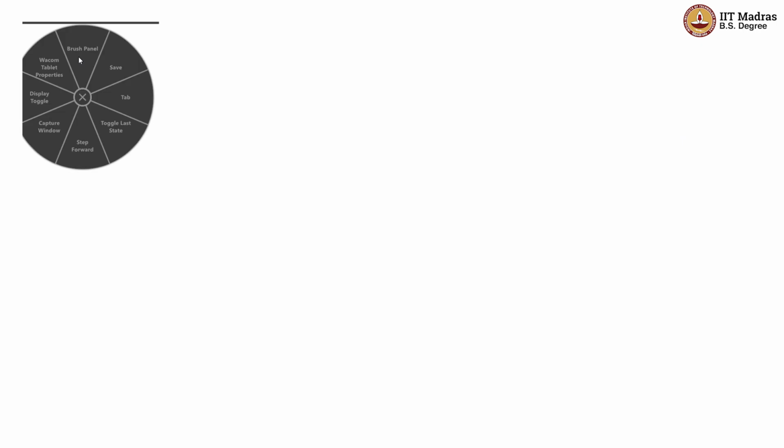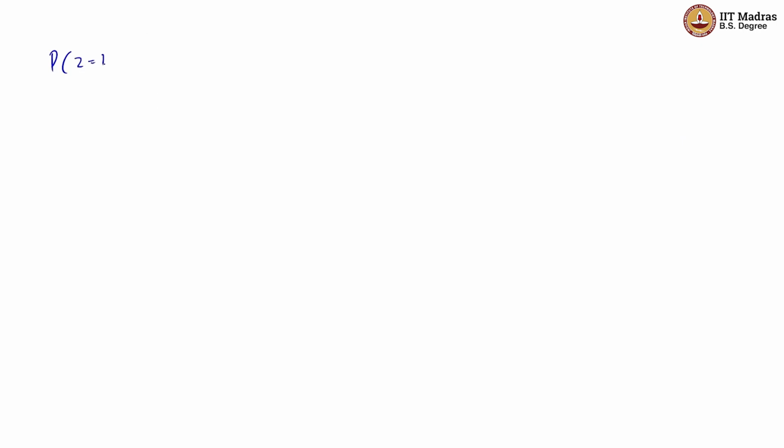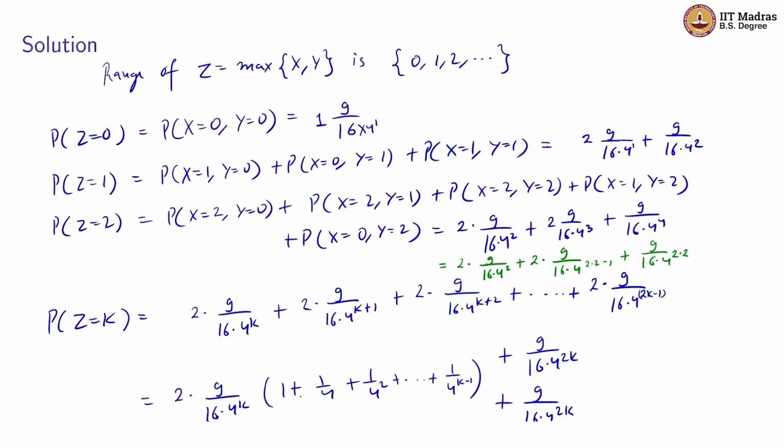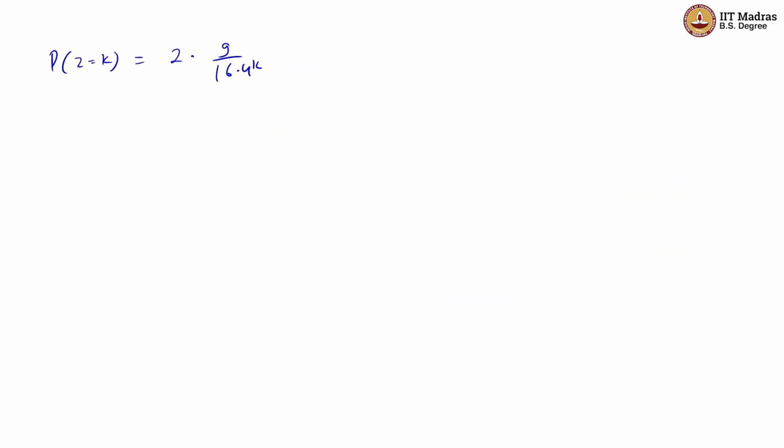So on further simplification, the probability that z is equal to k is equal to 2 into 9 by 16 into 4 raised to the power k. This is the term we took out common, and you can see here this is an infinite GP series. So on using the formula of sum of infinite GP series, we will have 1 minus 1 by 4 raised to the power k divided by 1 minus 1 by 4, and outside we had 9 by 16 into 4 raised to the power 2k.